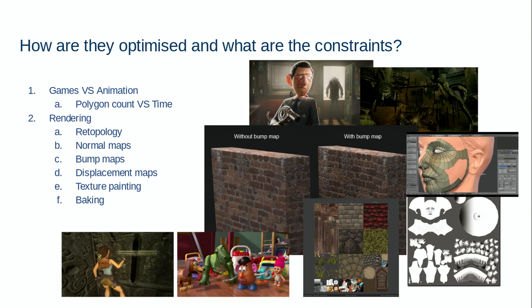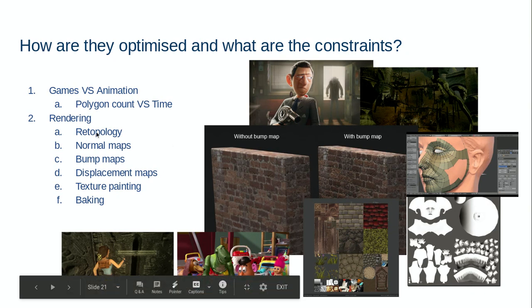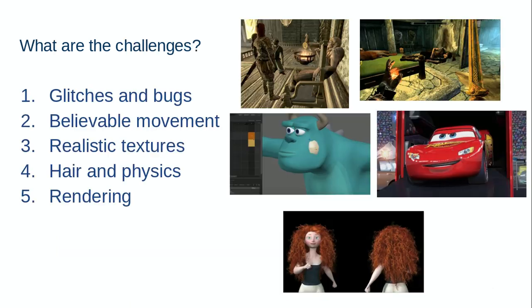We'll provide you with resources so that you can research these topics here. And these are going to be very useful to know moving forward with the more practical parts of your coursework. When it comes to the challenges, glitches and bugs in video games, we've got the Jarl here clipping through his chair, and the famous chap here who manages somehow to sleep whilst hovering in midair.